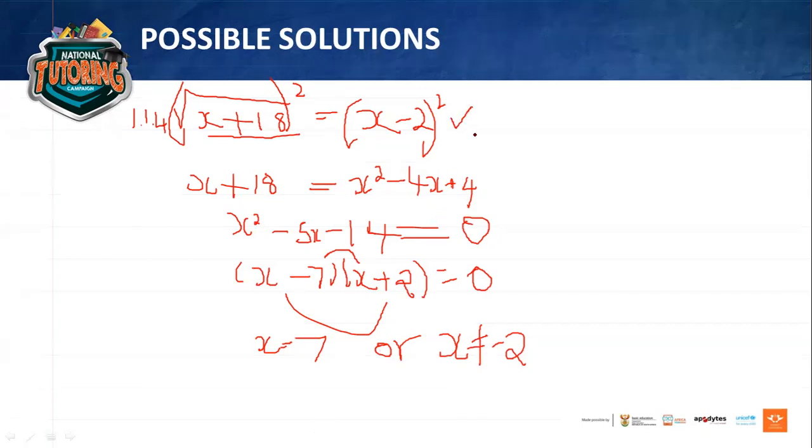Then we get a mark for squaring, for writing this in standard form, for factorization, and also for both answers, even the one where we have done some rejection. That is also the very interesting part. That's how you do your equations.